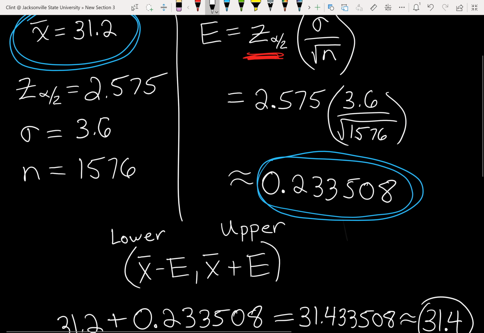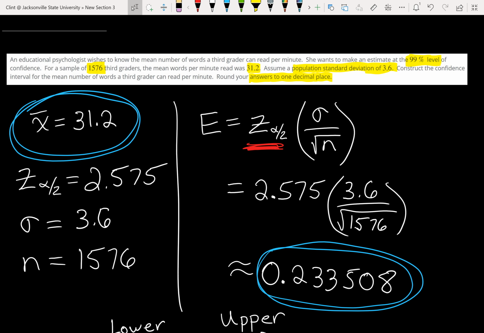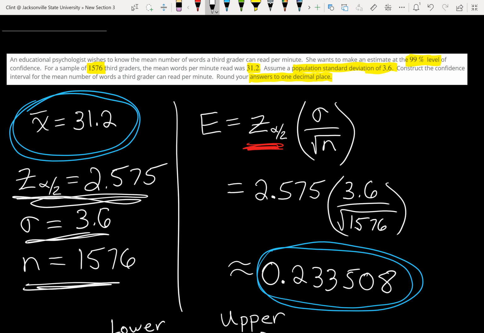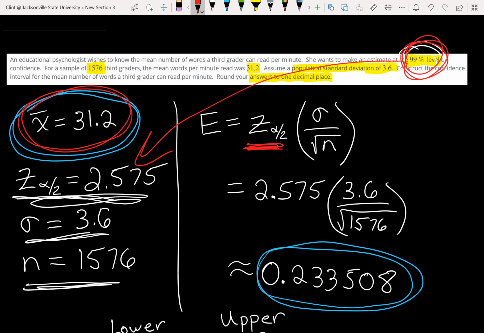The only thing that's going to change, okay, your numbers over here, your population standard deviation and your sample size are going to change. Okay, the critical Z that we look up from the table is going to change, but it depends on our confidence level up here. So it depends on whatever our confidence level is that gives us our critical Z. And then the other thing that will change is our sample mean that we start with.